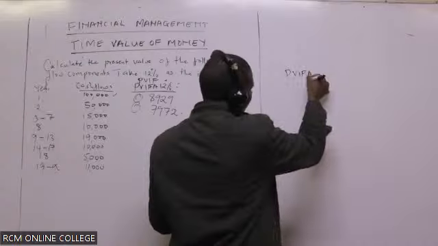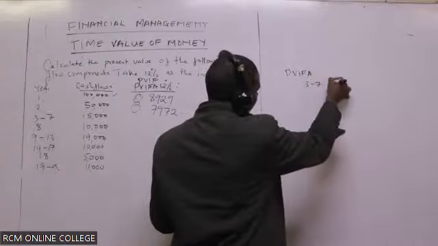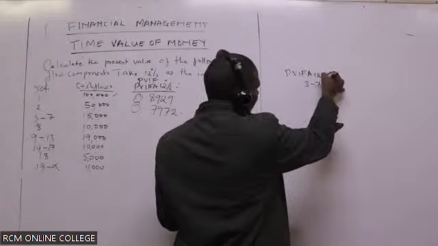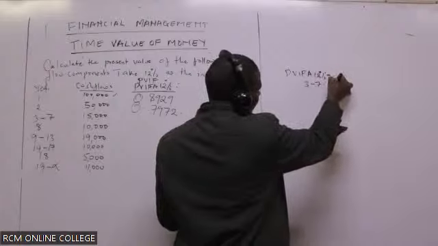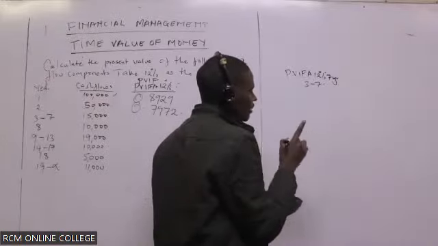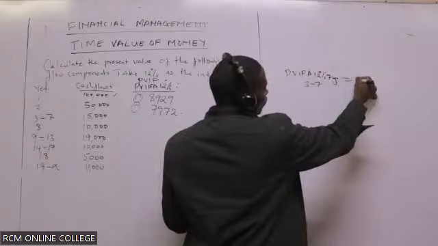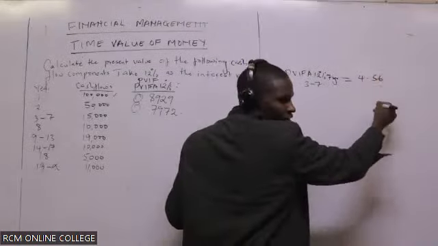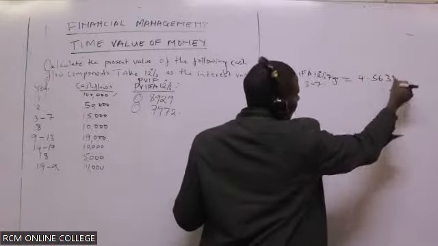Nataka tuelewane vizuri. So I can see only one person giving me that PVFA ya 3 to 7. PVFA of course 12%. It will be 7 years. Hivyo ndivyo huwa tunasema. So PVFA 12% 7 years itakuwa equal to napewa 4.5638. Can I get another person giving me that?